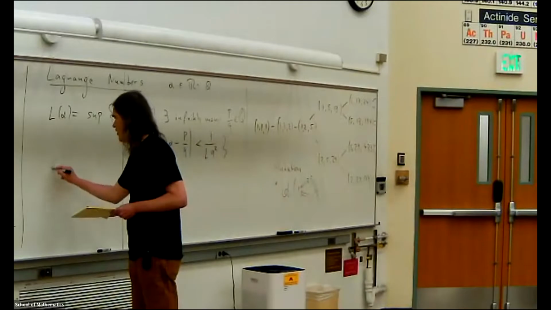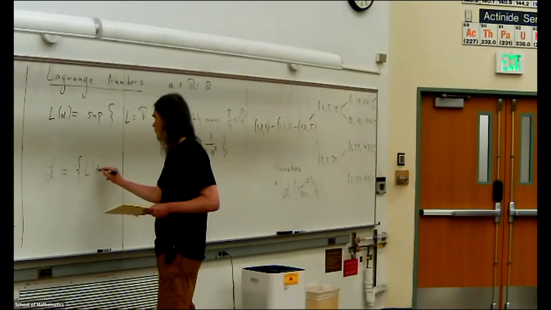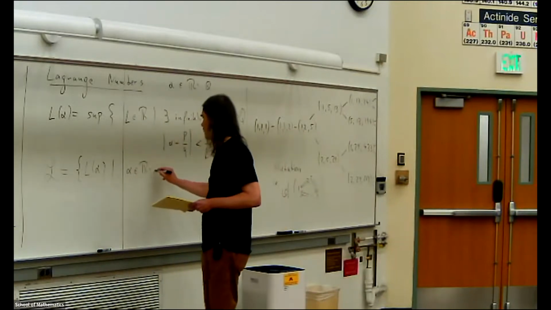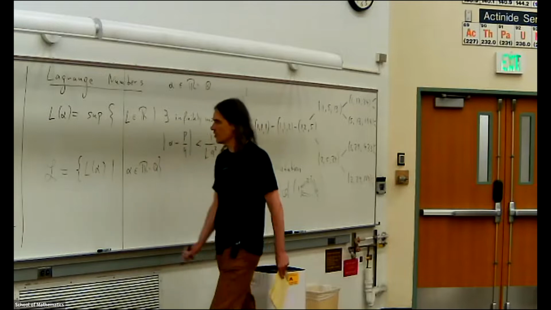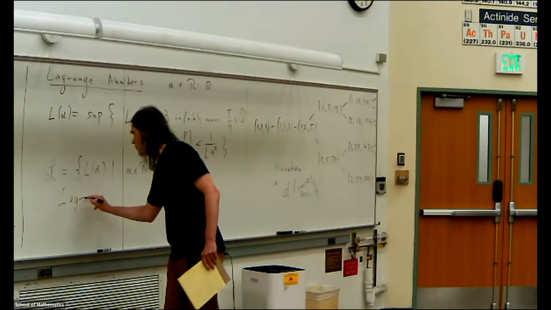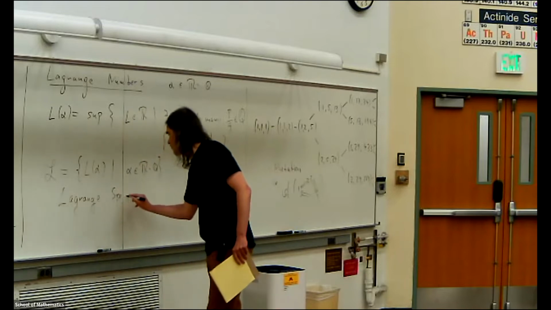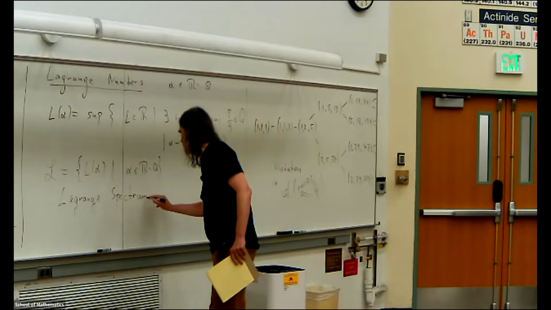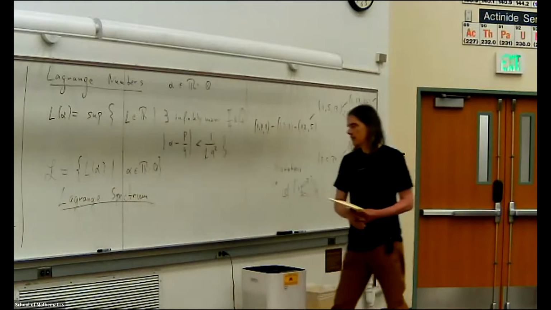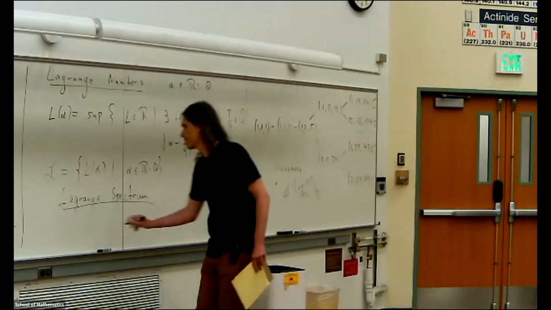And then you take all of these L of alpha, and this is called the Lagrange spectrum. And this is a very fascinating set.